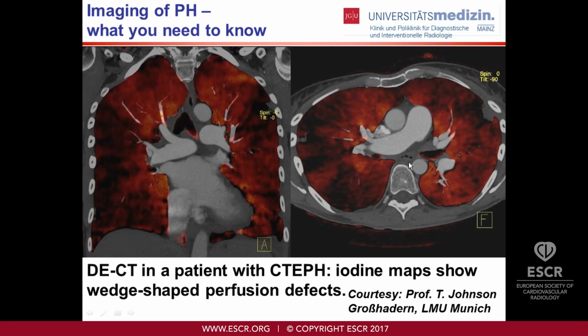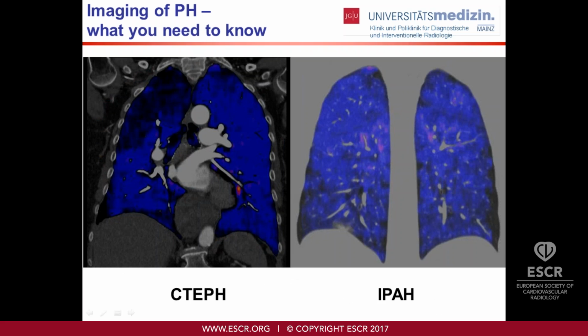These data sets should only show you the difference between CTEPH and idiopathic pulmonary arterial hypertension, where you nicely see these wedge-shaped perfusion defects, and in idiopathic pulmonary arterial hypertension you have more a homogeneous distribution of lung perfusion. So coming to the last point of my talk is the assessment of pulmonary hemodynamics.